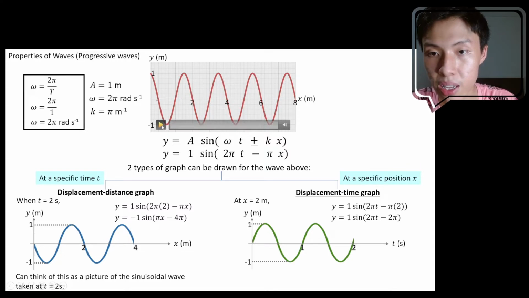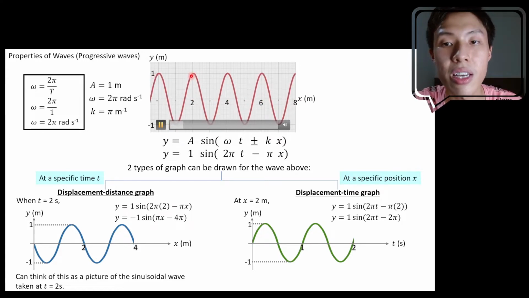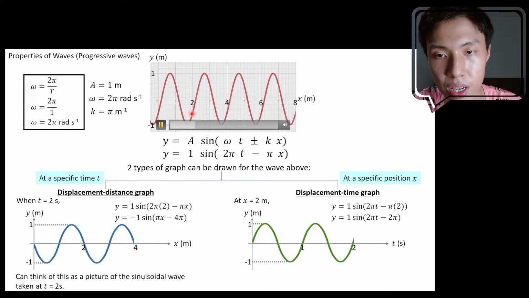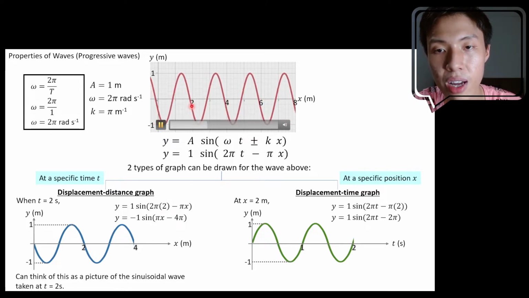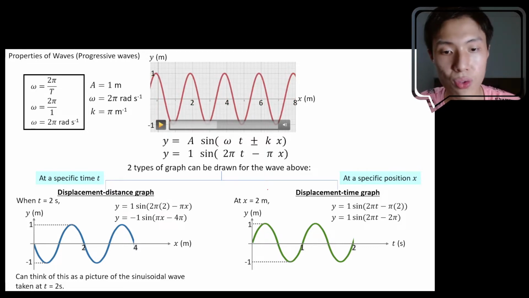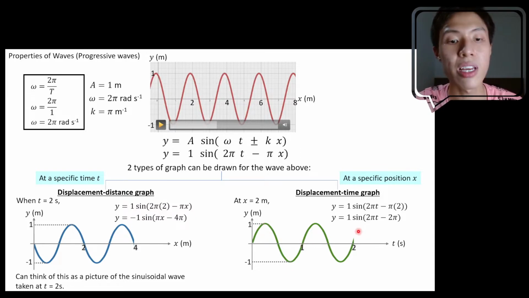Let's start our timer, and then we look at x equals 2. It moves up first, then it moves down, then it moves up. So what we predict is indeed true. It indeed starts by moving upwards, then downwards, then upwards, as indicated in our displacement time graph.